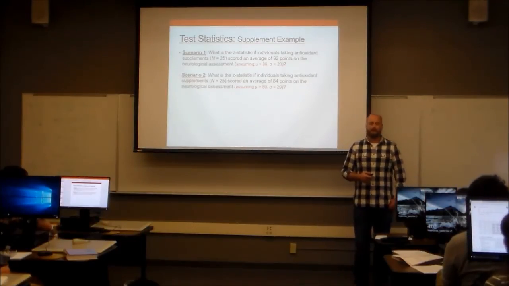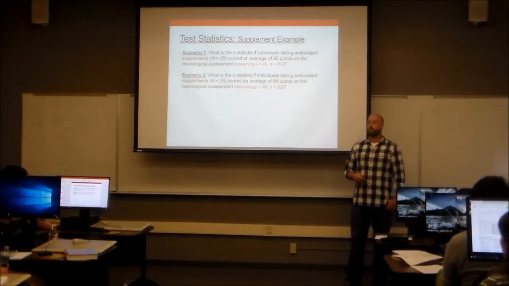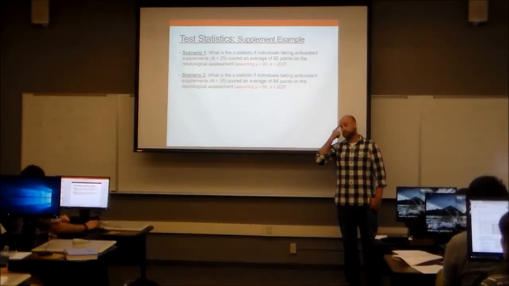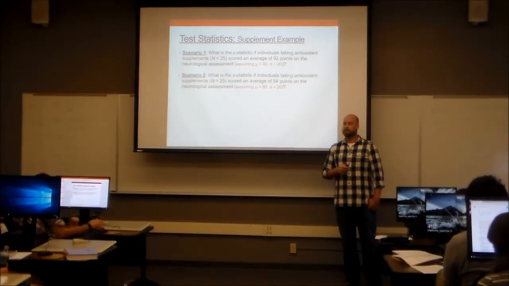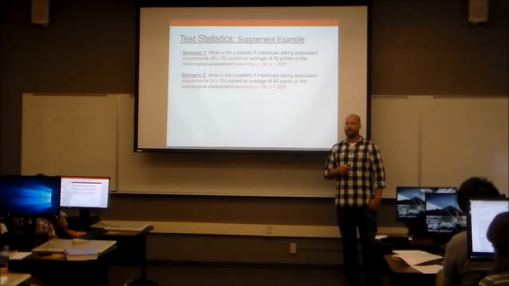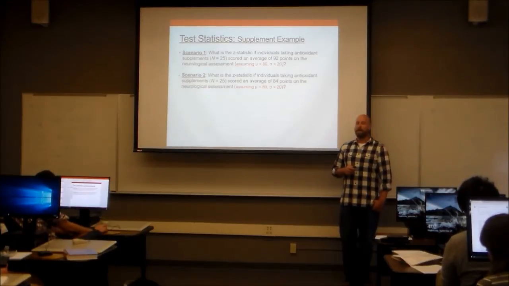Now, Gabby, what happens if instead of a sample of 25, I have a sample of 250? What happens to my standard error? It decreases. It decreases by a lot. And if my standard error decreases by a lot, what happens to my test statistic?